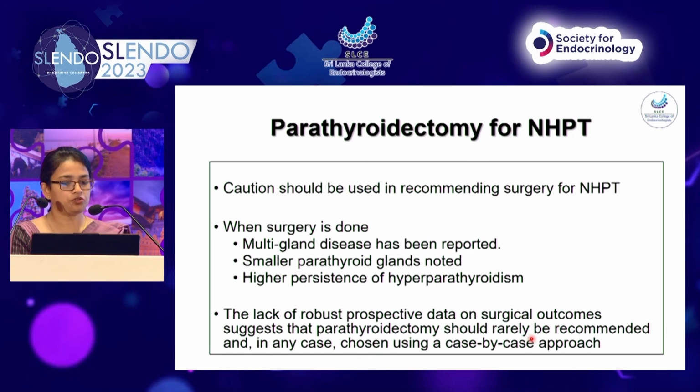Well, caution should be taken. Why? Because they have noted that most of this normocalcemic hyperparathyroidism is associated with multi-gland disease and smaller parathyroid glands compared to other groups, and higher persistence of hyperparathyroidism post-surgery. And lack of robust prospective data is a problem, so a case-to-case approach is suggested.